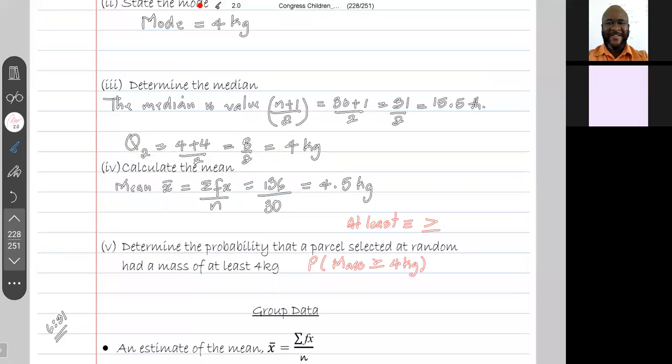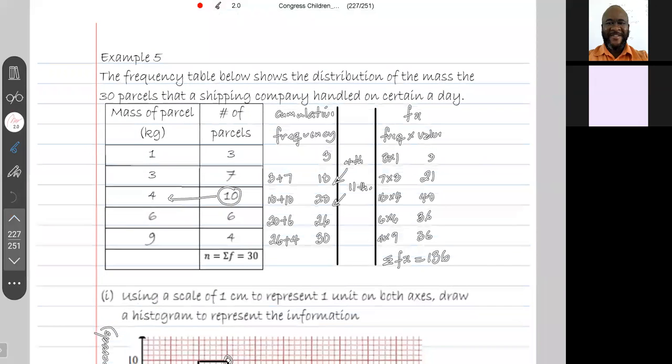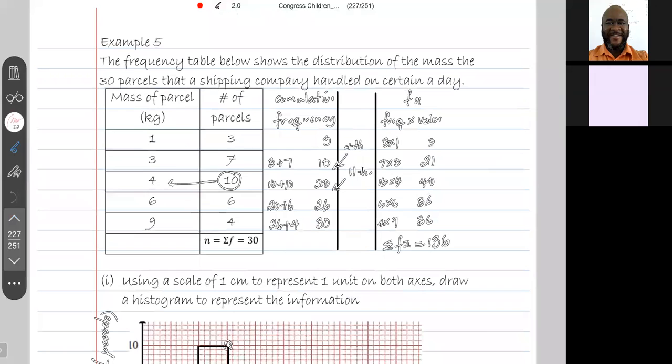To answer this, I have to go back to my table and identify all the parcels that weigh 4 kilograms or more than 4 kilograms. That's a total of 20 parcels.